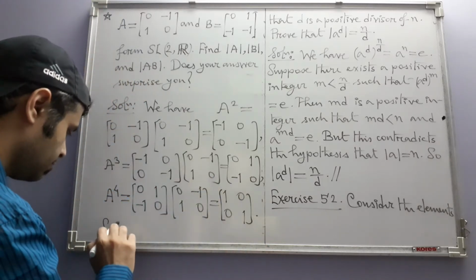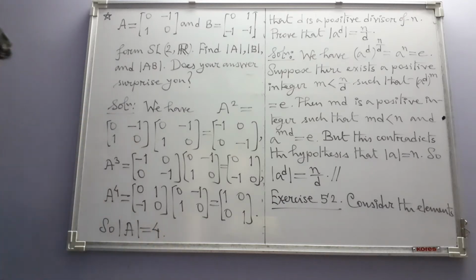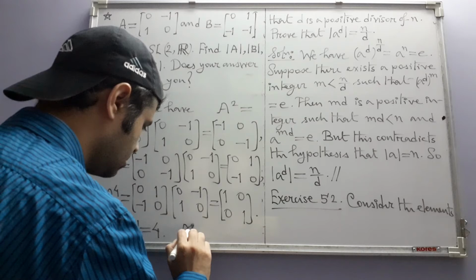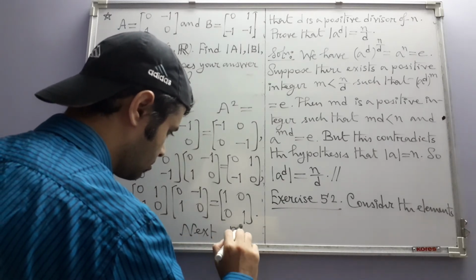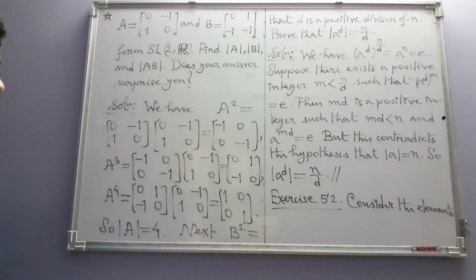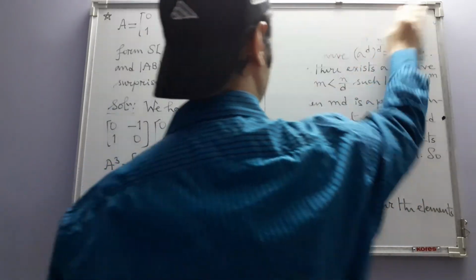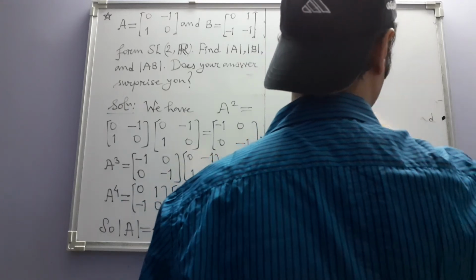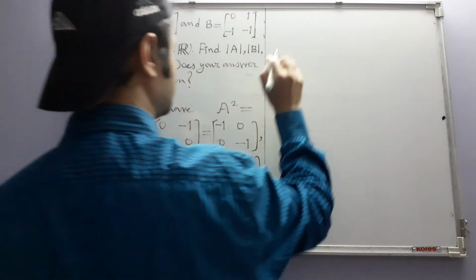So order of A is equal to 4. Next, we calculate B square. So B is this.